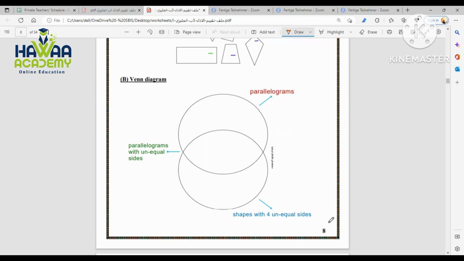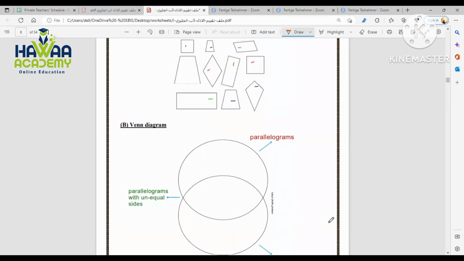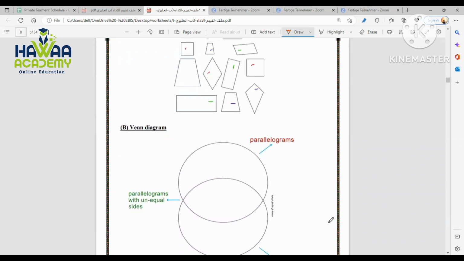Are all the sides of the rectangle the same? No, each two opposite sides are equal in length, but not all of them, so it's not a square. So it's a parallelogram because each two opposite sides are parallel, but it doesn't have the same sides. And of course, the intersection area will be the parallelograms with unequal sides.